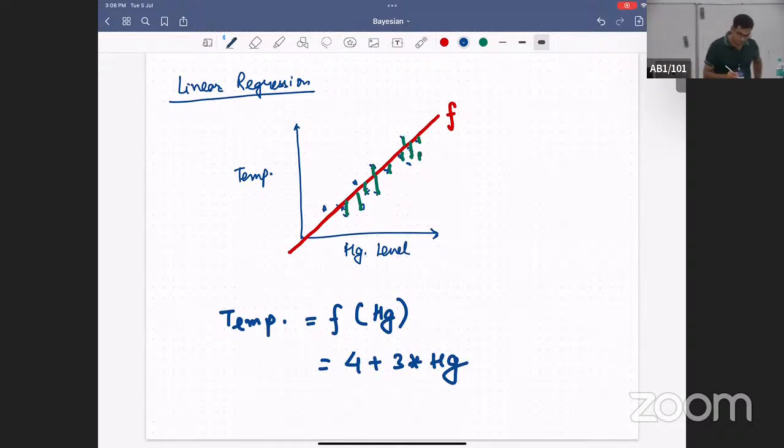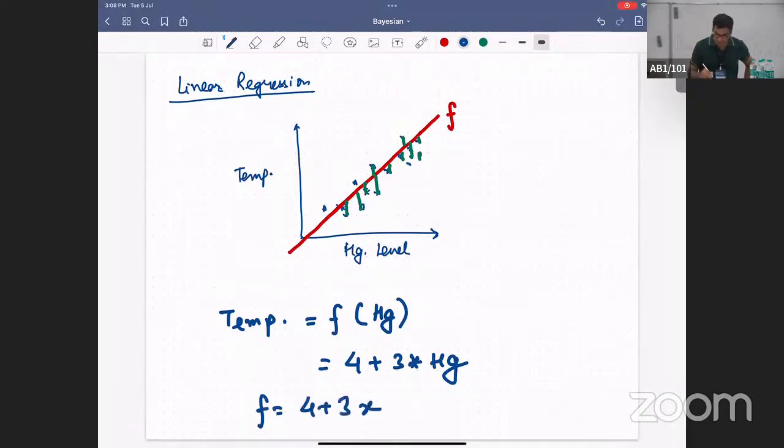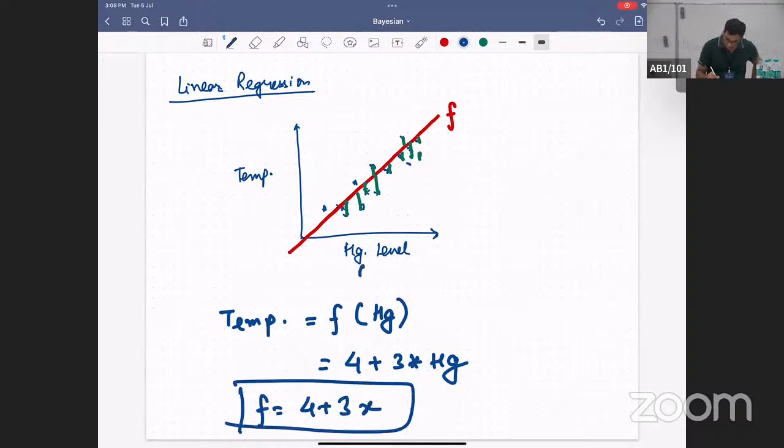So we can just say, for simplicity, F equal to 4 plus 3x, right? This is my x, and this is my y, and this is my f, right? F equal to 4 plus 3x.